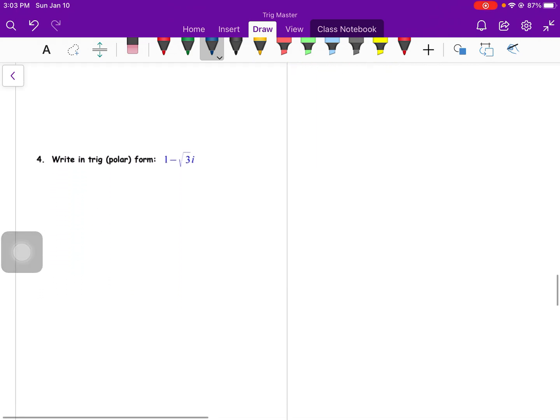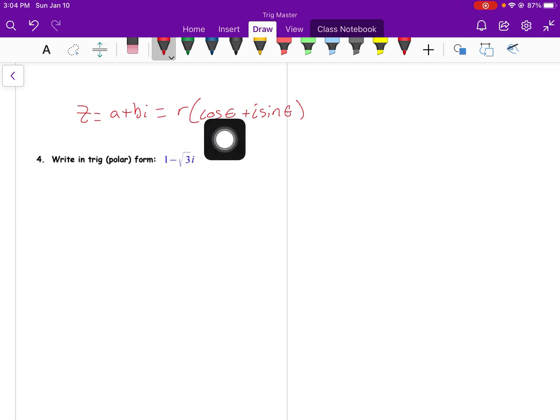So for this one, we want to write this in trig or polar form. So remember, we have z is equal to a plus bi, or you could do x plus yi. And that's also equal to r times cosine of theta plus i sine theta. So in this case, we need to figure out what r and theta are. Well, r is equal to square root of a squared plus b squared.